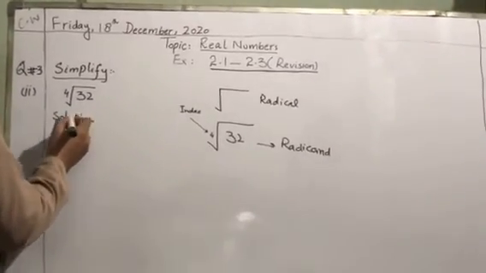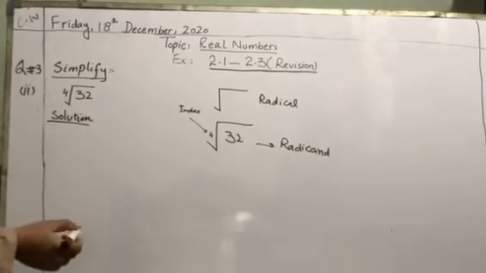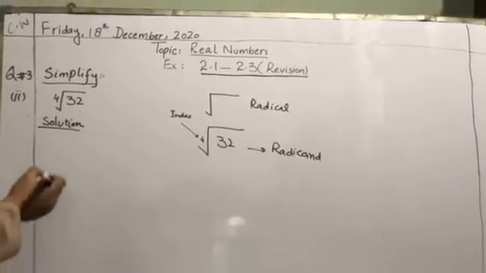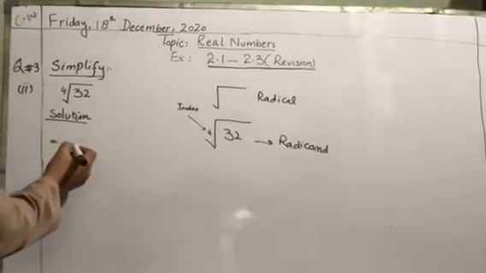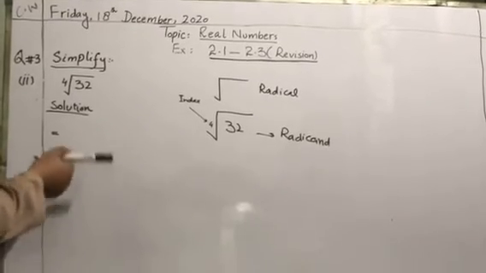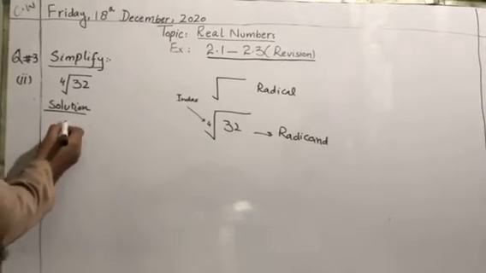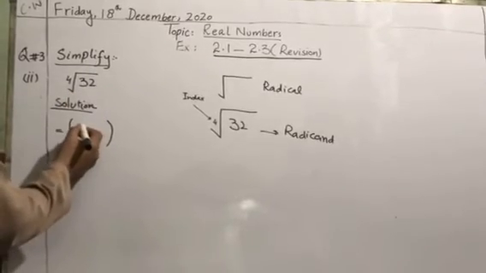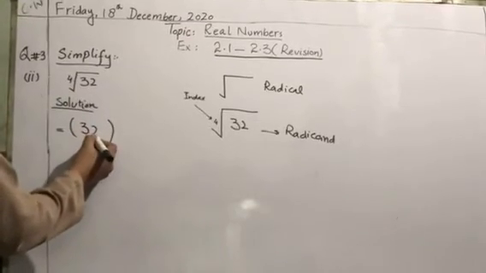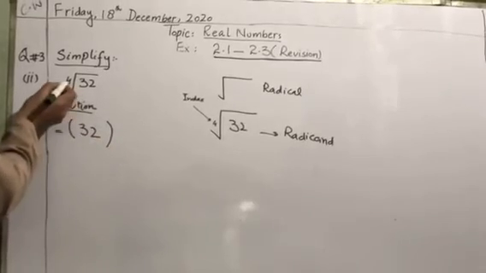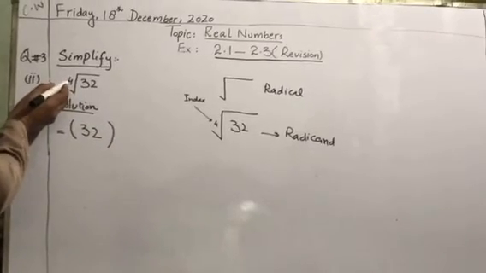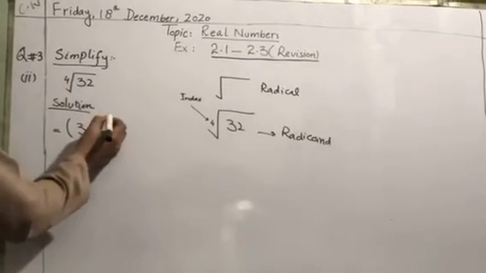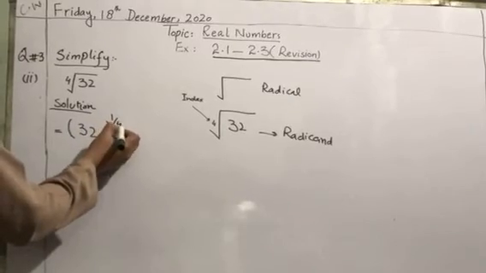First of all, we will convert the radical notation into exponential notation. The method is, first of all, put parentheses and write the radical number in the bracket. It becomes the base, and the radical index is 4, so we will write 1 over 4.